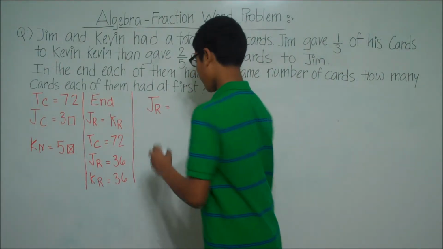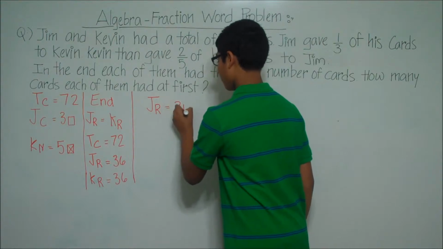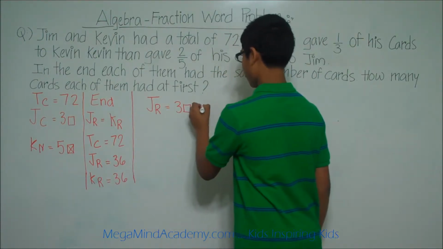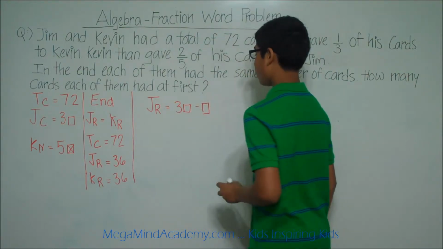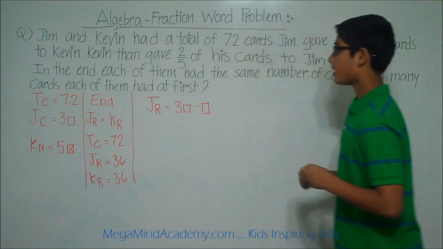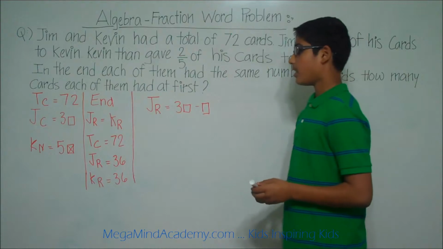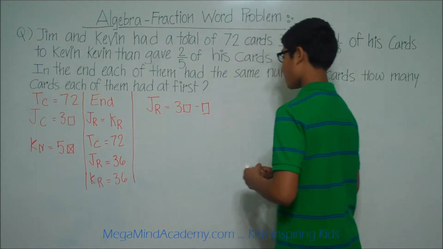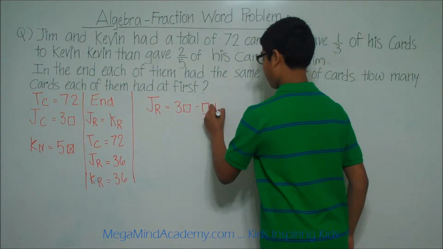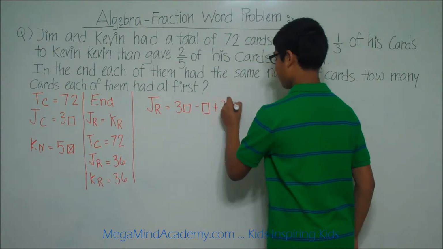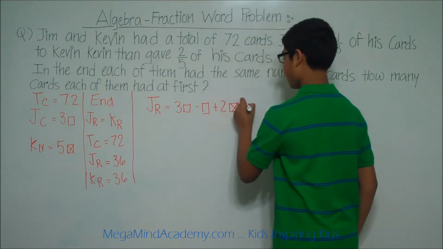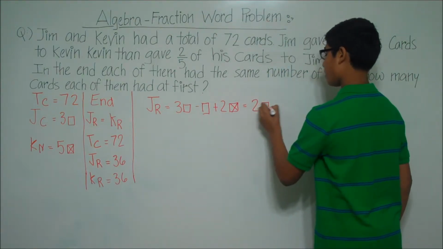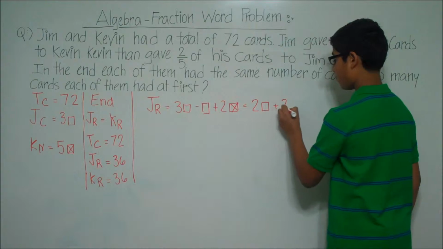So this means that he has 3 units minus 1/3 of his cards, which is 1 unit, to Kevin. We also know that he got 2/5 of Kevin's now cards. So he got 2 boxes of cards. So plus 2 boxes of cards. This is equal to 2 units plus 2 boxes.